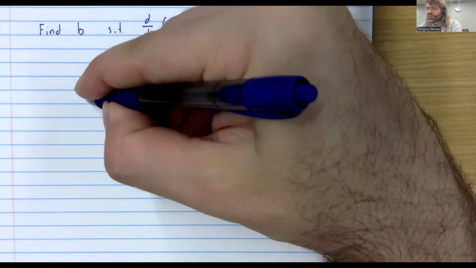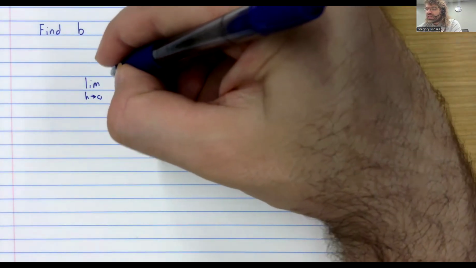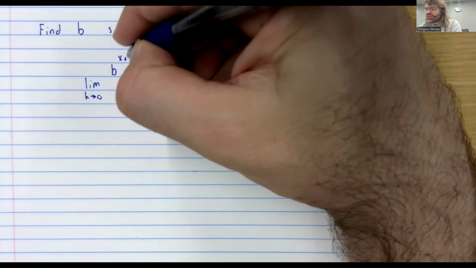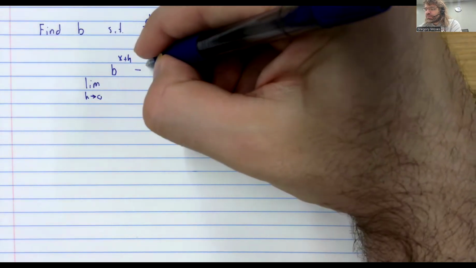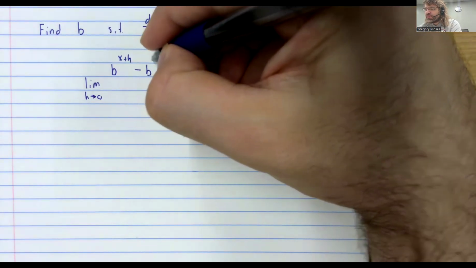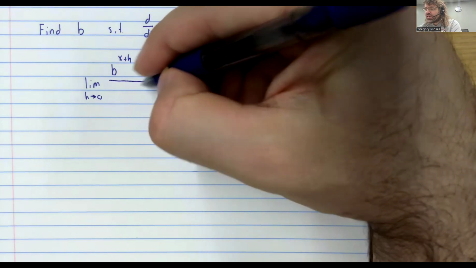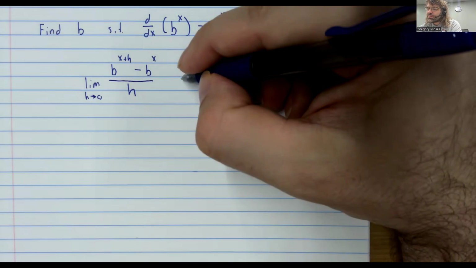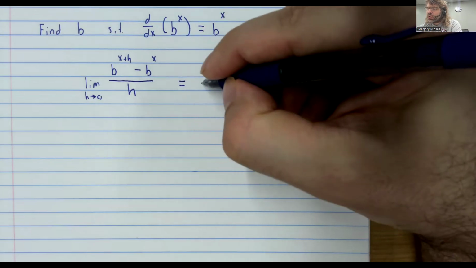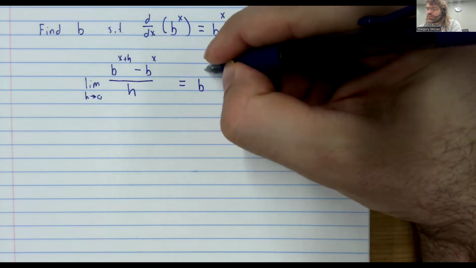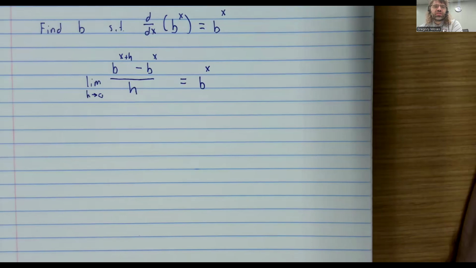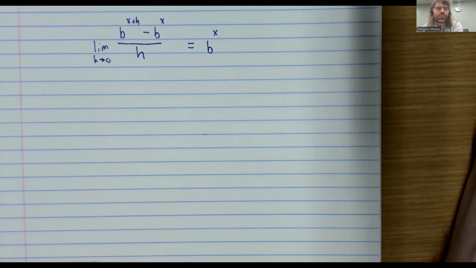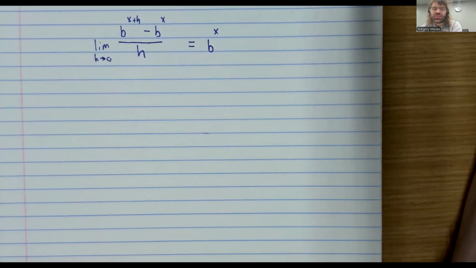The limit, as h approaches 0, of b of x plus h minus b of x, all divided by h. My goal is for this to be b to the power of x.